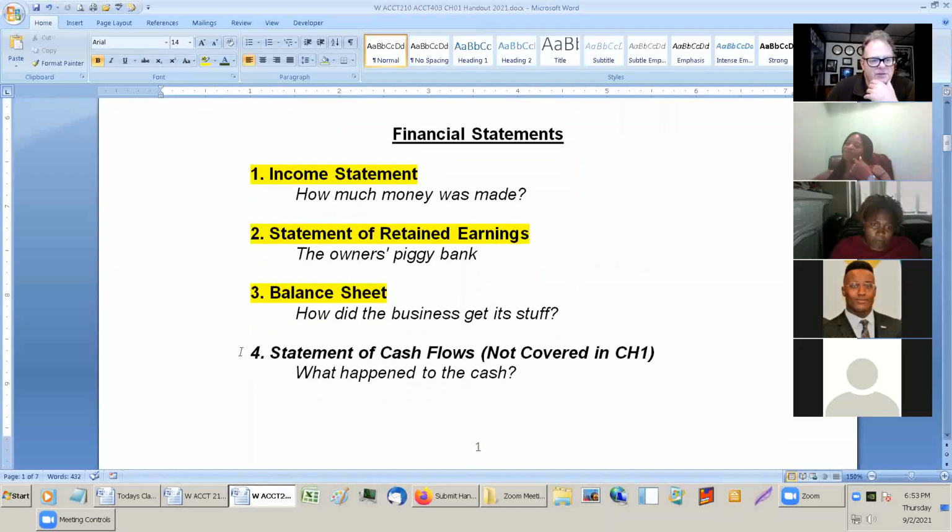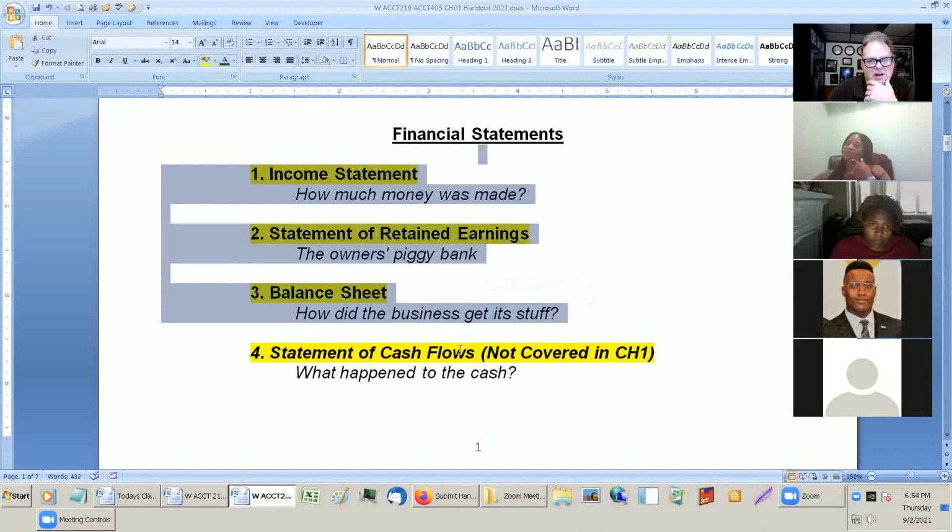And the statement of cash flows, we're not going to cover in here. It's a pretty complex statement. It is required, but we're not going to cover it in here. It's the newest of the statements. These first 3 statements are 500 years old. You can look at books for businesses from 500 years ago, and it doesn't look that different than what we do today.